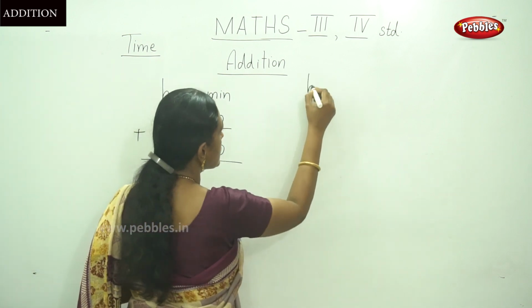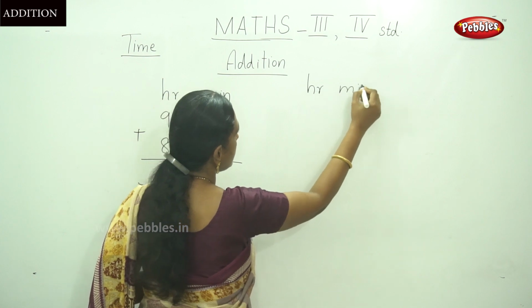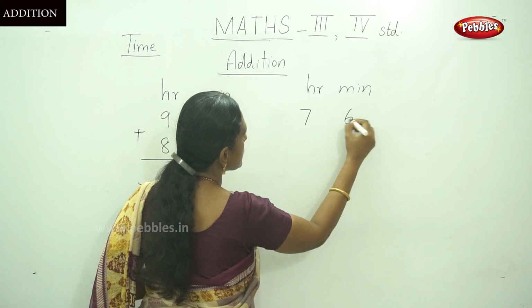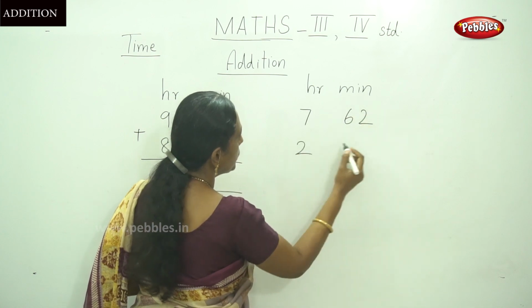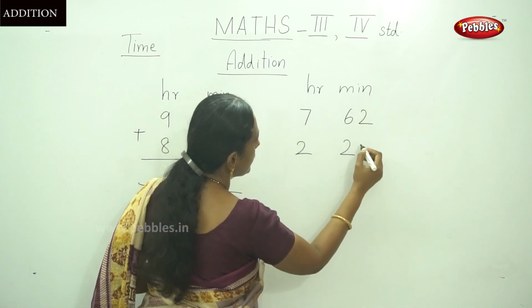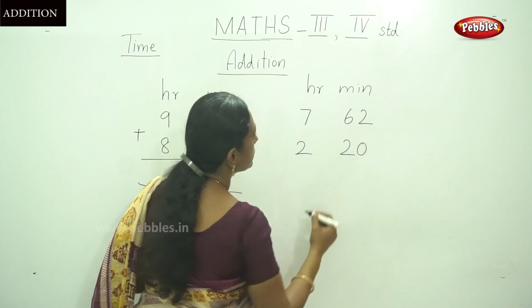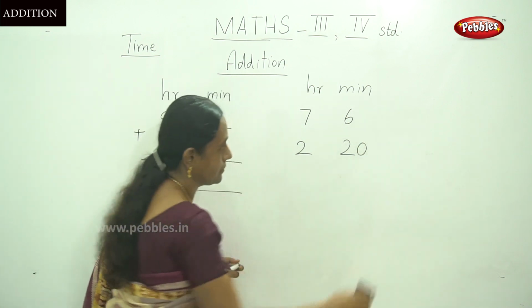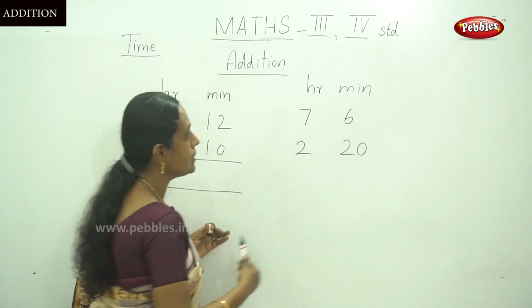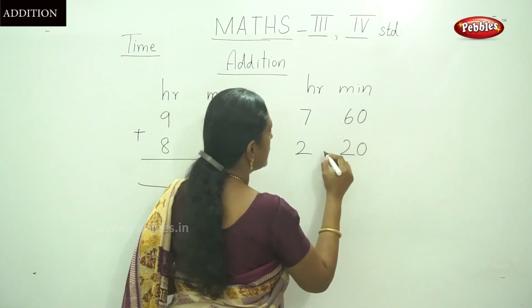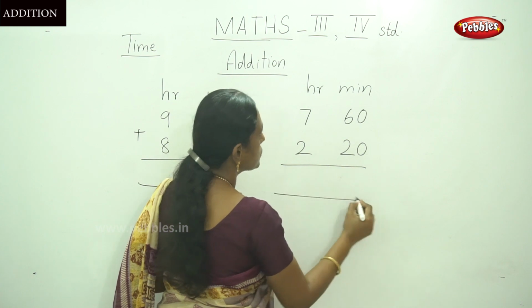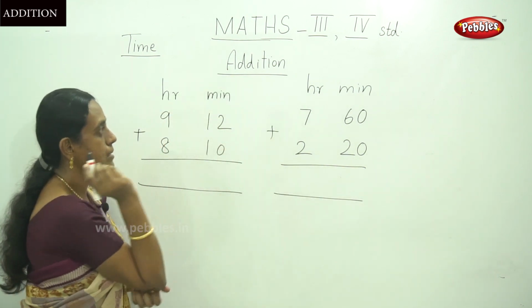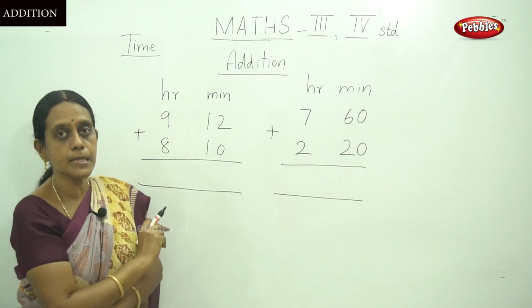One more sum, 7 hours 60 minutes and 2 hours 20 minutes. Observe these example sums.